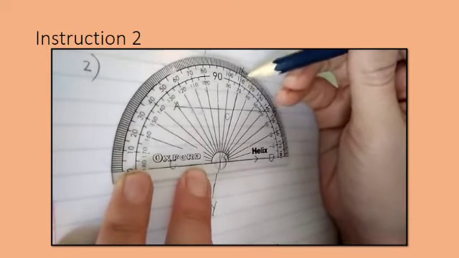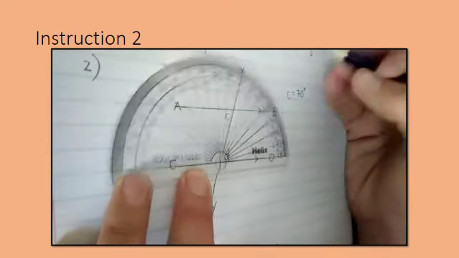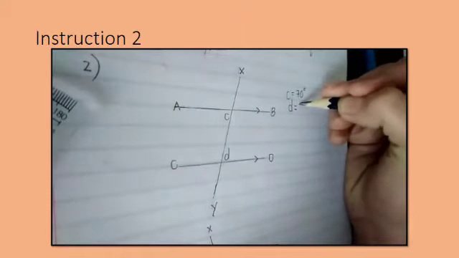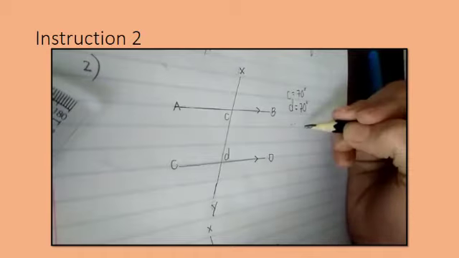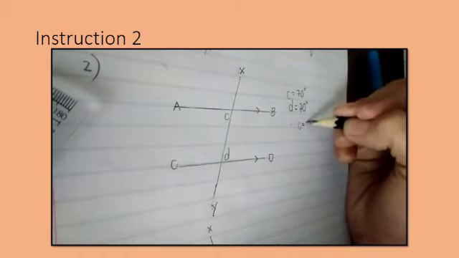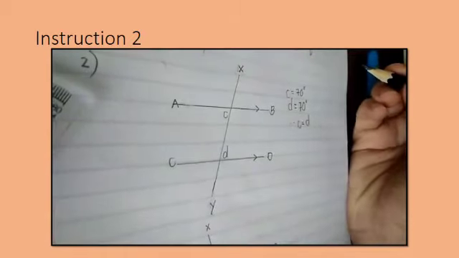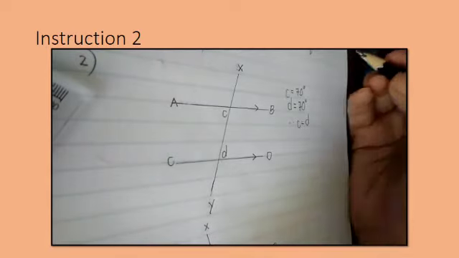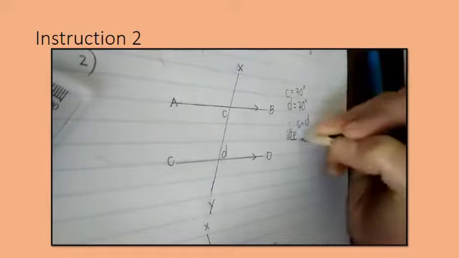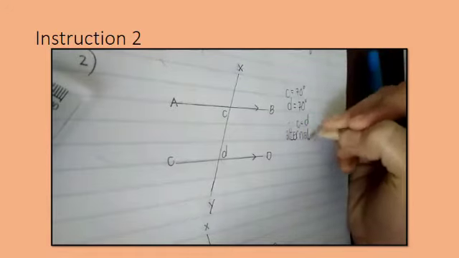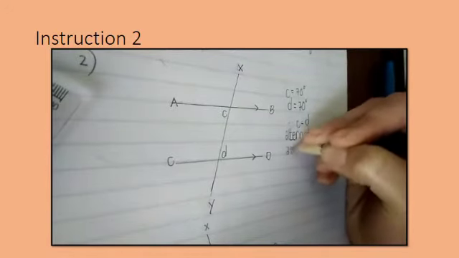I can see the line is over here at 70 degrees again. So D is also 70 degrees. In other words, the conclusion I can make is that C is the same size as D in this case. And they are called alternate angles. And alternate angles are equal.